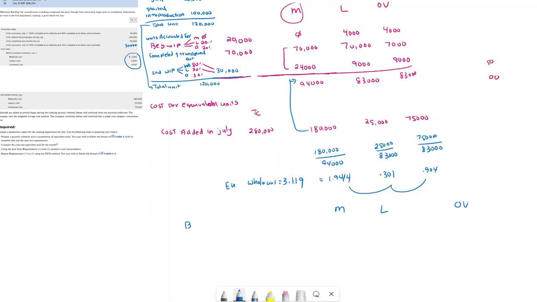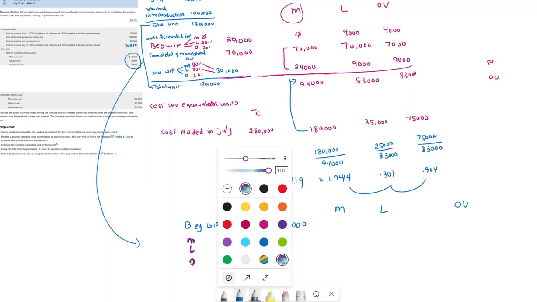First, the beginning work in process had 10,000 units, and some products we completed within this period. I will have to do material, labor, and overhead.